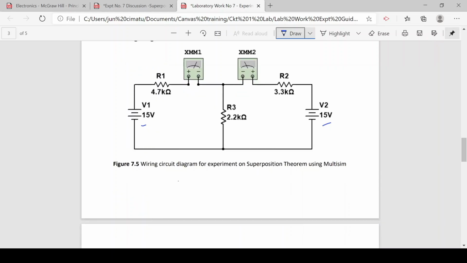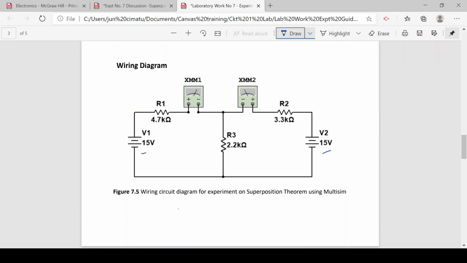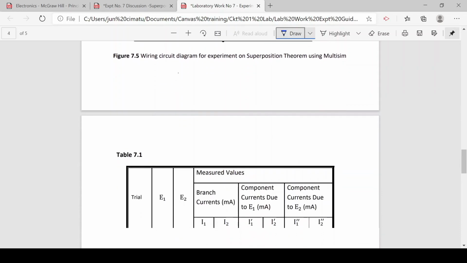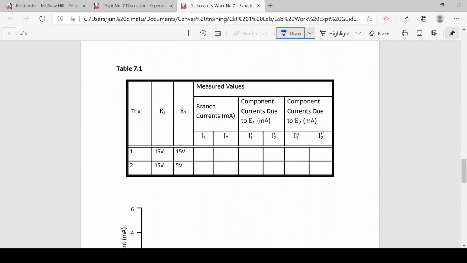For this run, you will measure the net current in the branch. It is the resulting current due to the voltage sources B1 and B2, and you will record that in table 7.1.